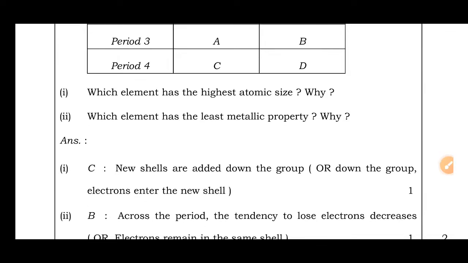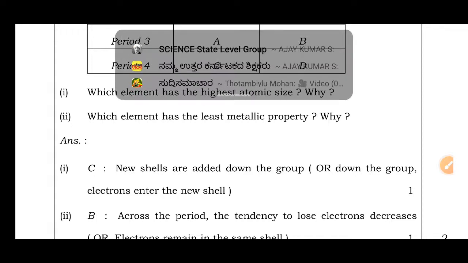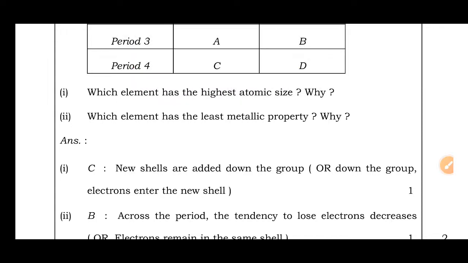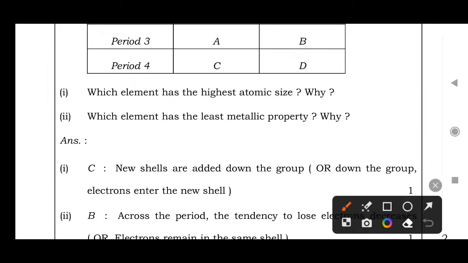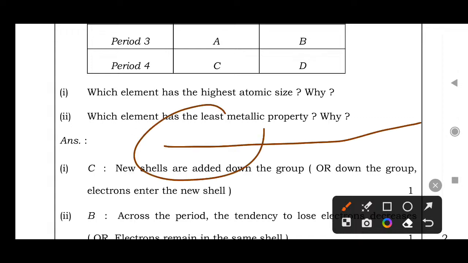Next, another question they asked: which element has the least metallic property? Which one has the least metallic property? Okay, in this case B, because in the periodic table, from left to right across a period, this side all metals are there and the right side all non-metals are there.